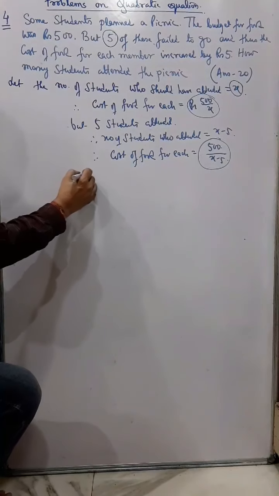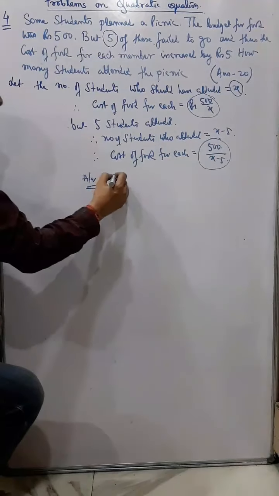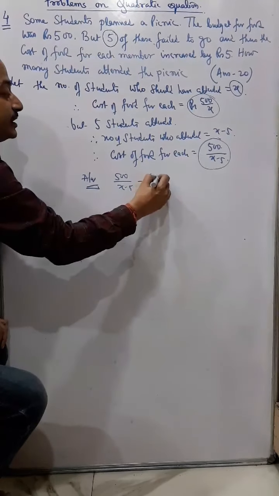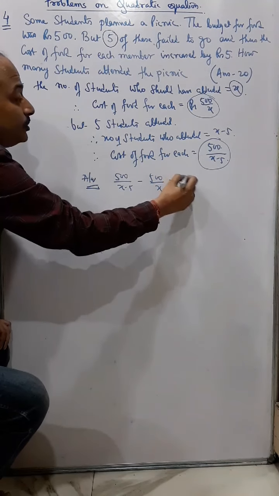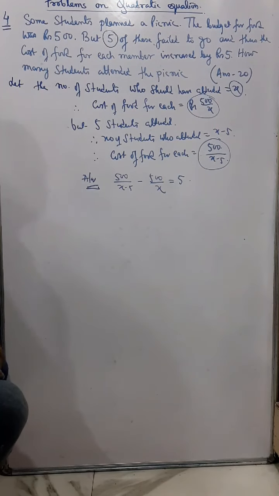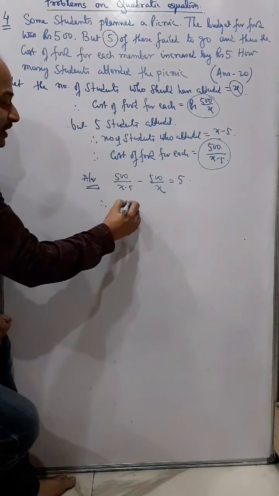And therefore, according to that question, we can say that 500 by x minus 5 minus 500 by x, and that should be equal to 5 rupees. So this will be the equation, and we have to solve this. Now you can solve this in a better way. You can take 500 common.